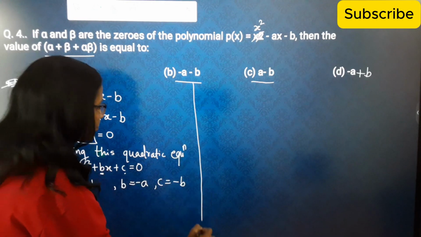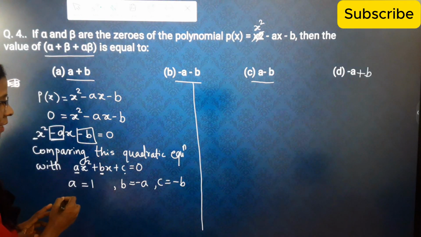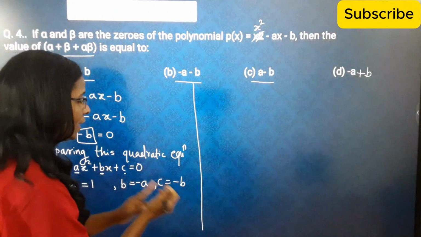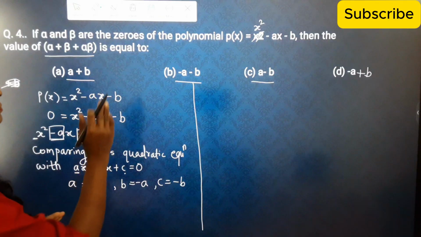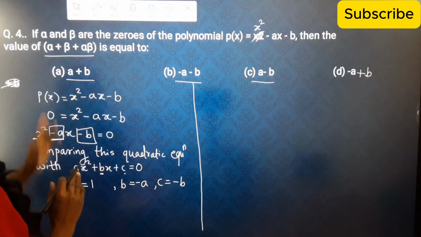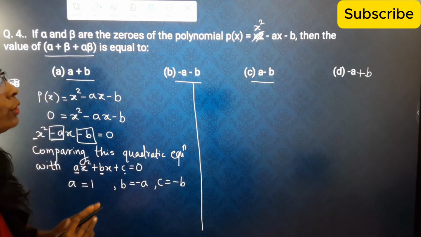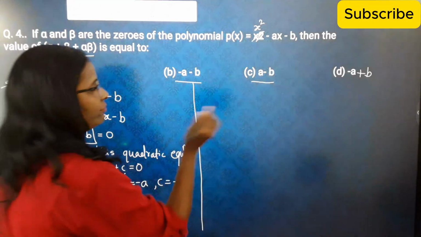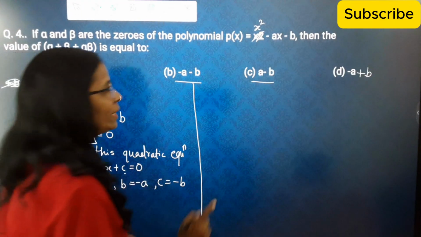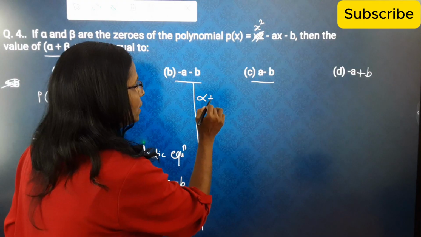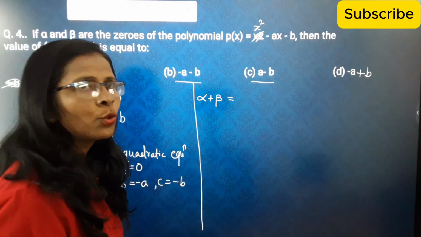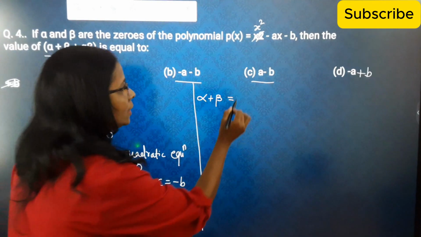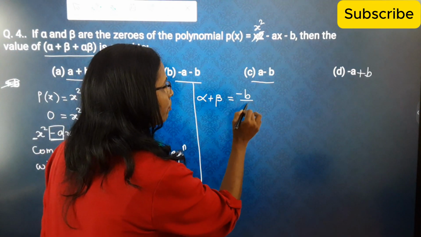Now we have the three values, a is equal to 1, b is equal to minus a, c is equal to minus b. Then alpha and beta are the zeros of the polynomial. So the sum of the zeros, that means alpha plus beta is equal to minus b upon a.